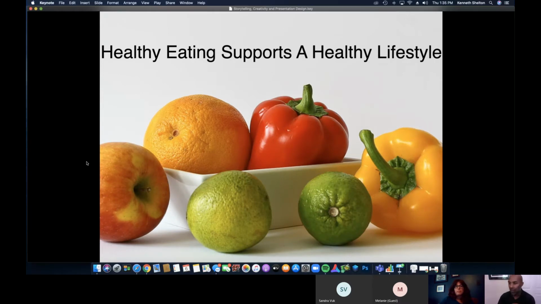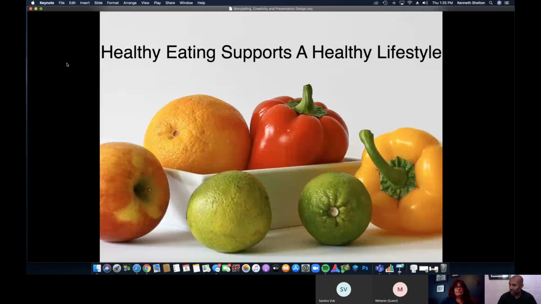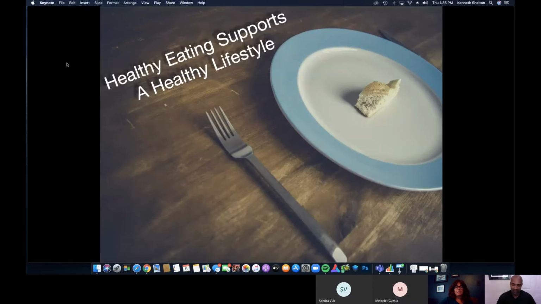This next one is indirect representational. Thoughts? Why is this indirect? How is this different than that?